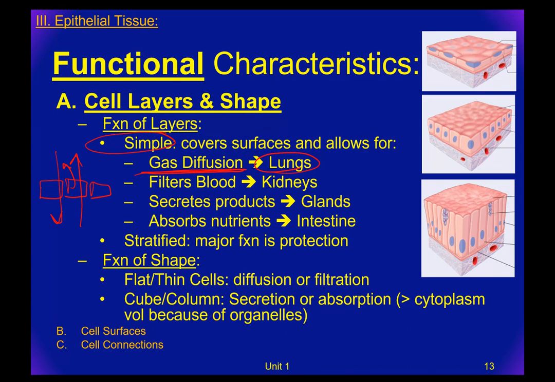And I can't have a huge, ginormous wall between a gas and where my blood is, right? So I have simple squamous in my lungs. And that means that if this has to get past this, it's not really a huge, thick wall that I have to get past. And you can see that. It's just this little thin thing right there, okay?